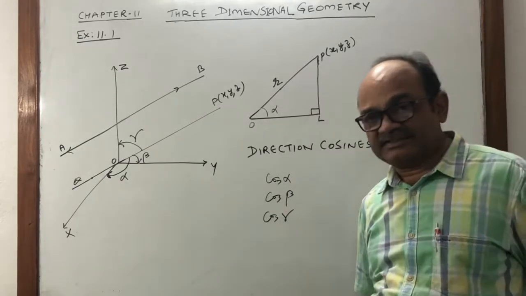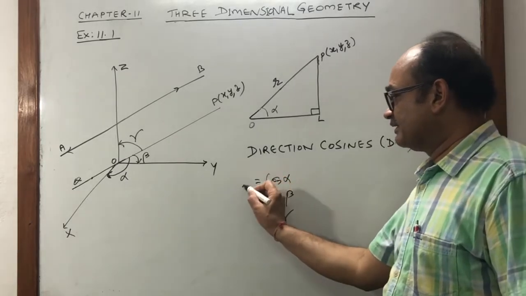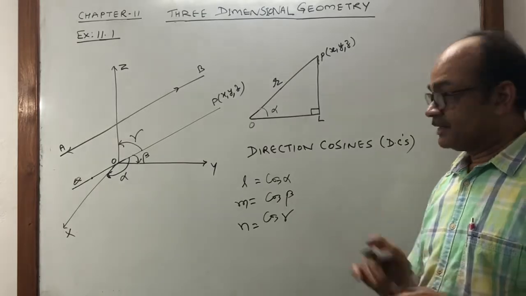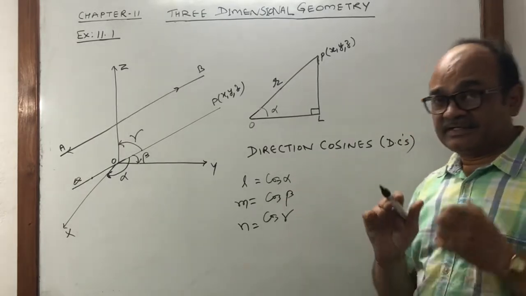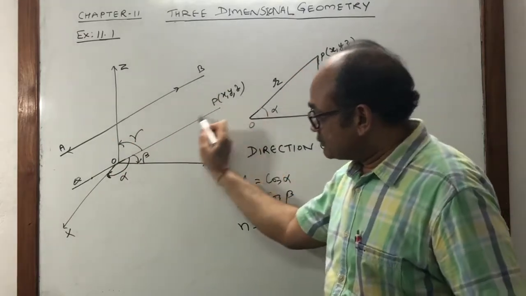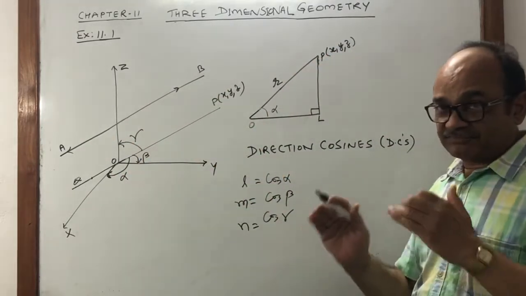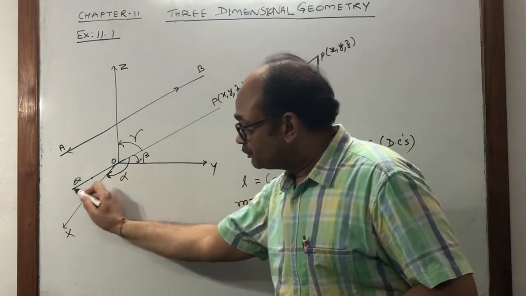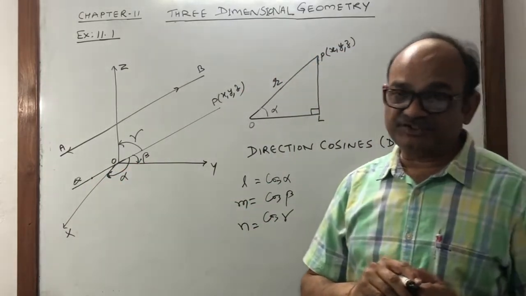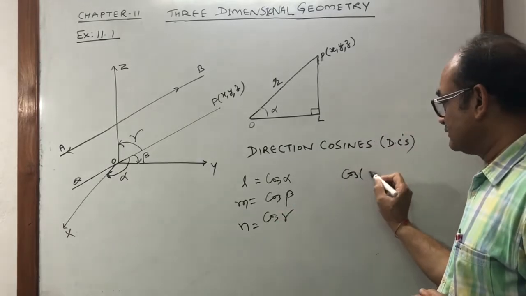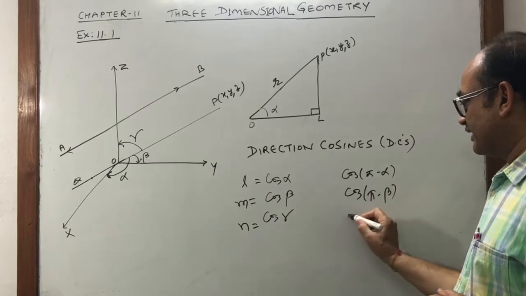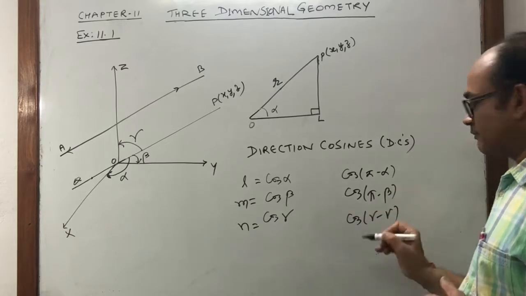Notation for direction cosines always L, M and N. L, M, N are the DCs of the line segment AB, same as OP. But if we consider OQ, then the angles may be shifted to pi minus alpha, pi minus beta and pi minus gamma.